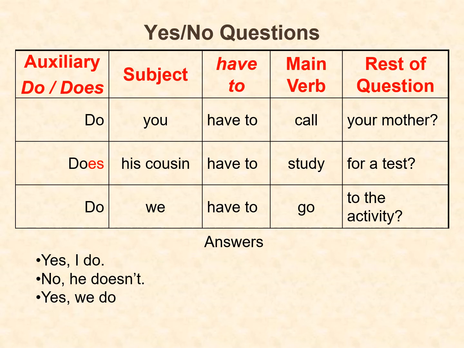So that in the short answer to these questions, we get yes or no. Then we get usually a pronoun, I, you, he, she, it. Then we get either do or does, and if the answer is in the negative, we get either don't or doesn't, since we generally use the auxiliary in the short answer.